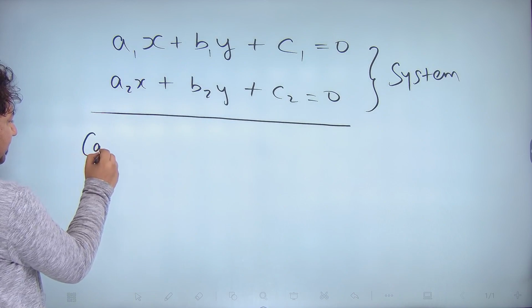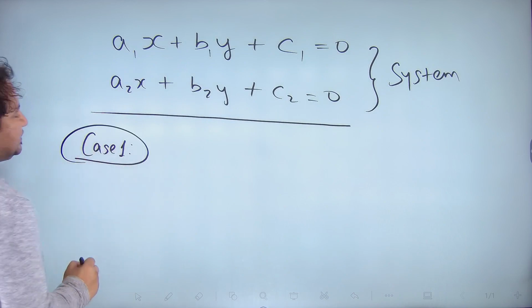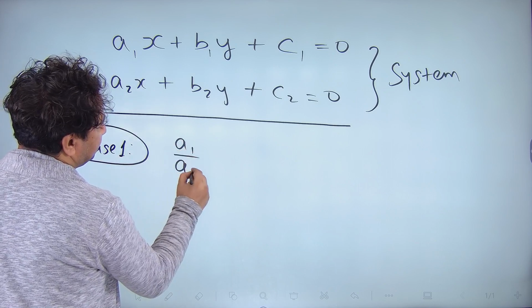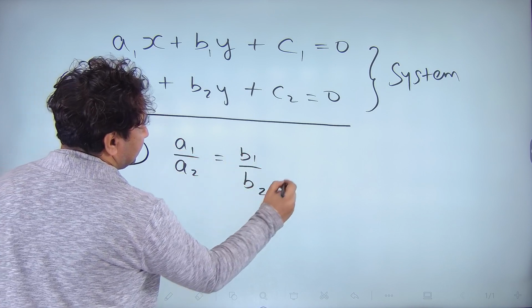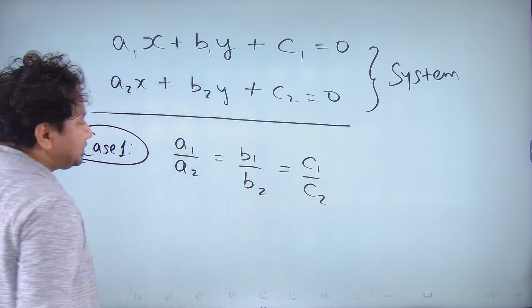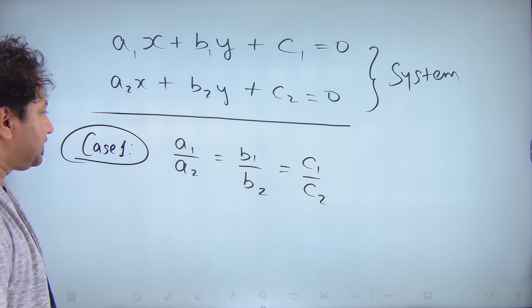So let us talk about the first case. Case 1. In case 1, what happens? a1 upon a2 is equal to b1 upon b2 is equal to c1 upon c2. So as you can see, all the coefficients and the constant terms are proportional. The ratio is the same.